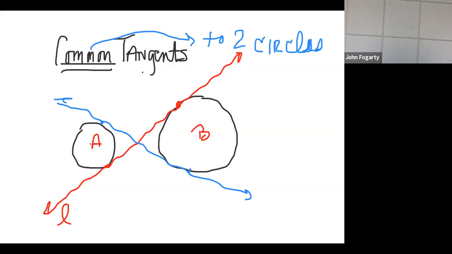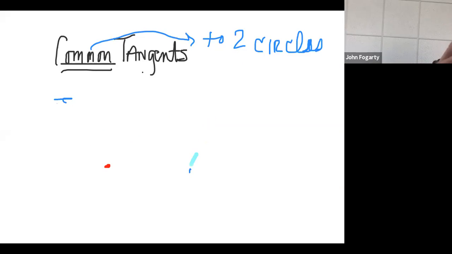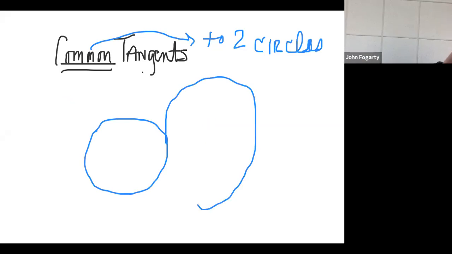Now, sometimes it all depends on how the picture looks based on the circles. So for example, if I have circles that look like this, well, the tangent line is simply that one.